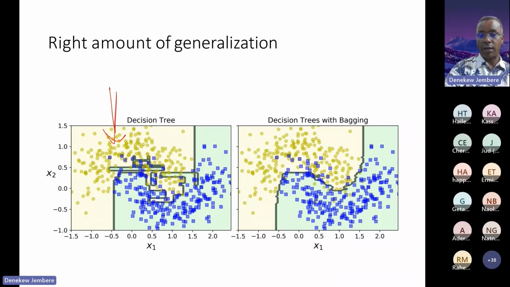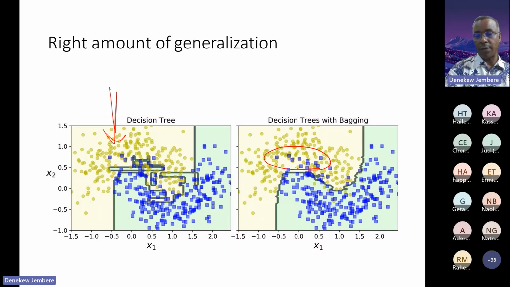Instead, we can use a decision tree with bagging. In that case, we will have a somewhat smooth line, where we can live with leaving some of the points outside of the class we want them to be in, and most of the classes are covered by the decision boundary.